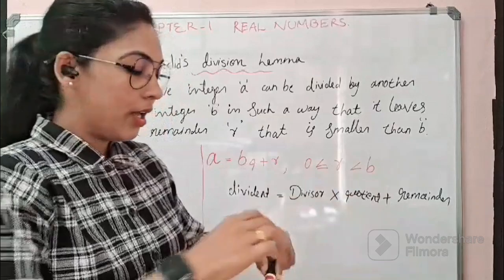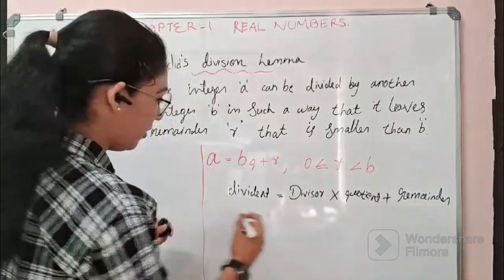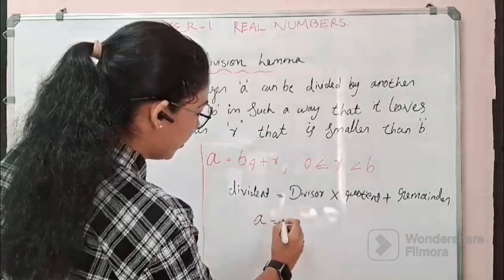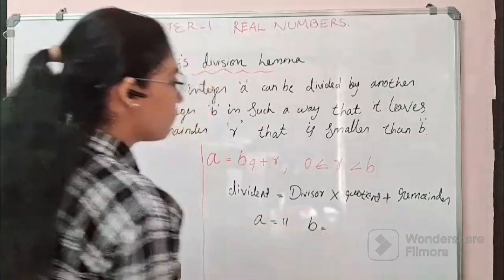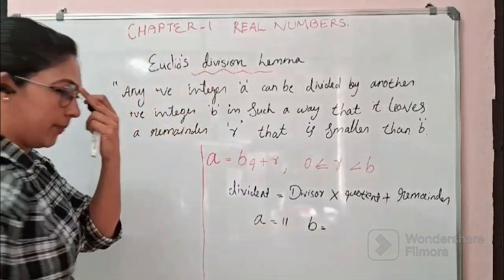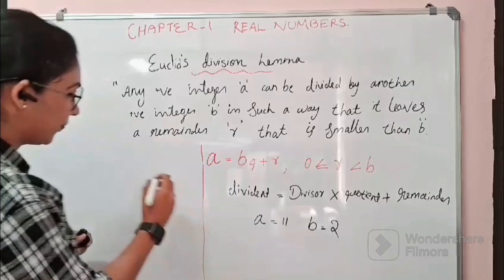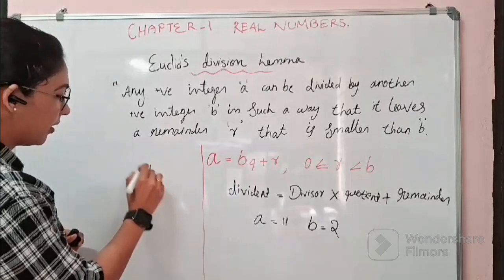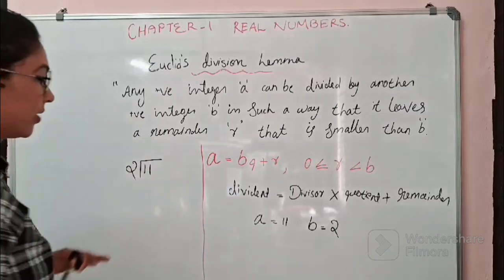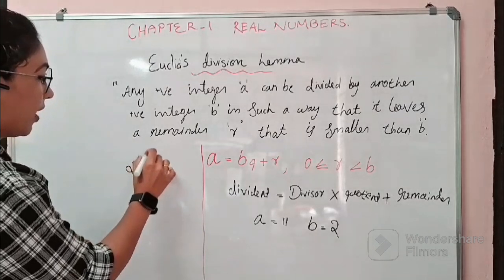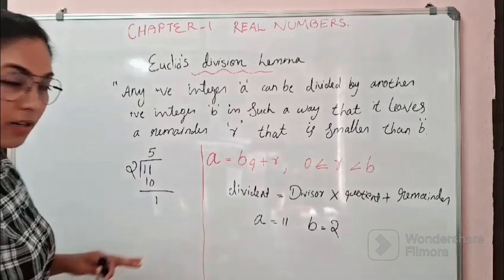Let me show you using a number. If we consider a = 11, then b = 2. Let me show what happens when 11 is divided by 2. We know that 5 2s are 10, and 1 is the remainder.